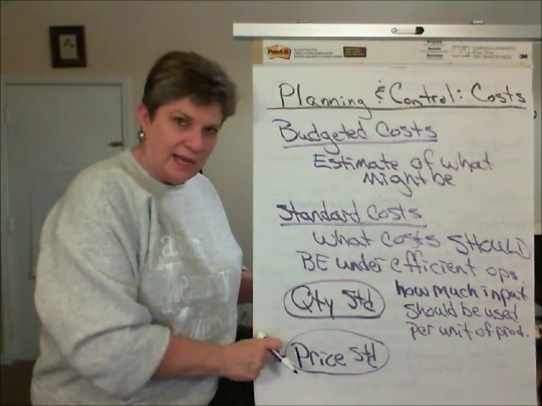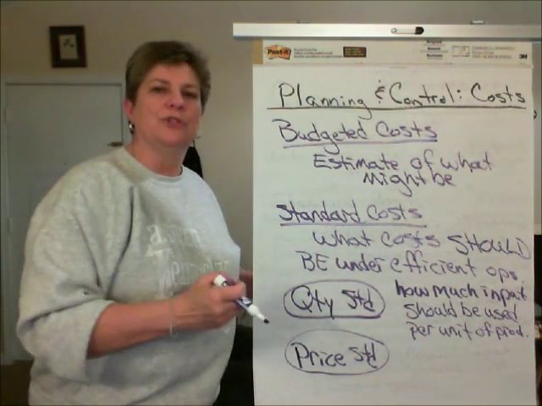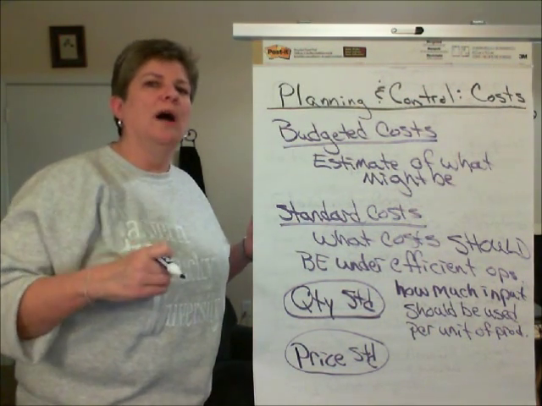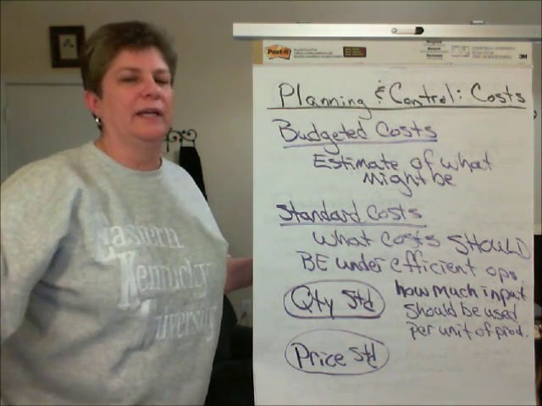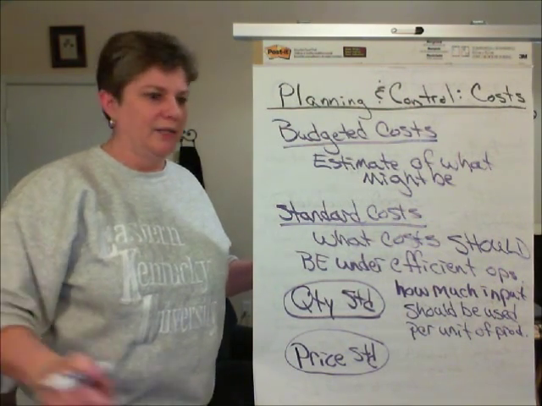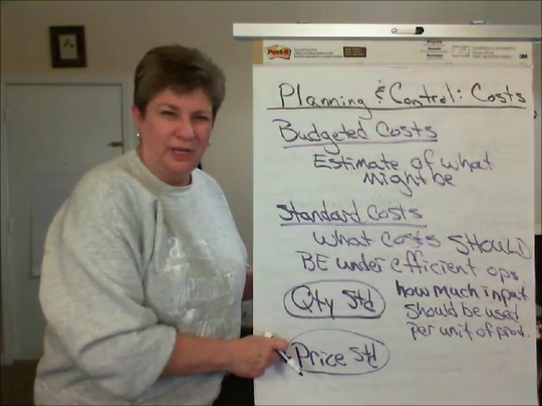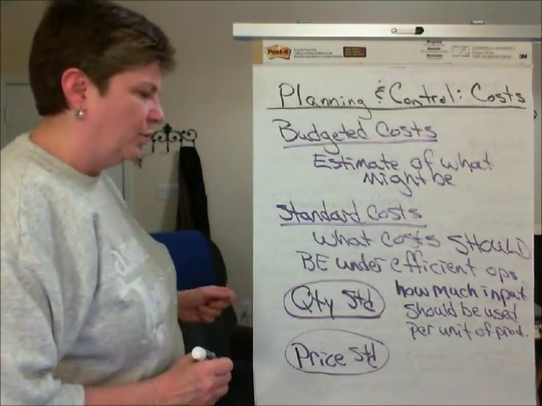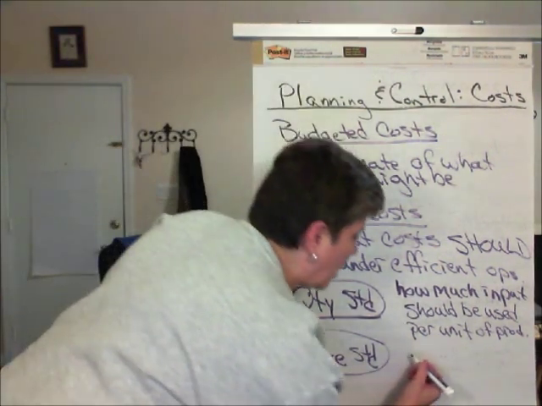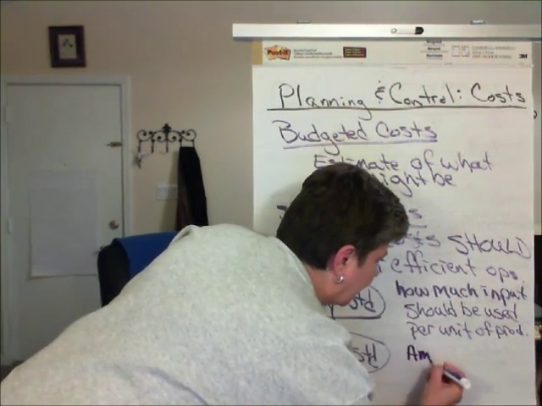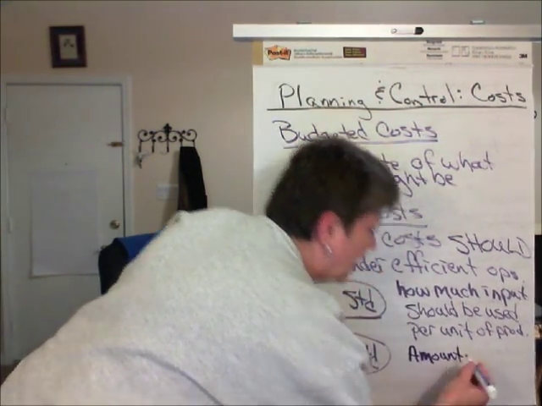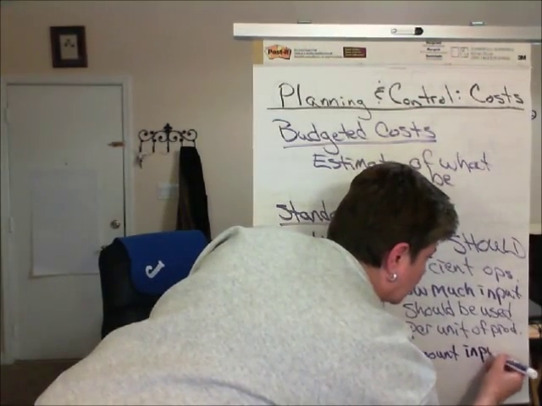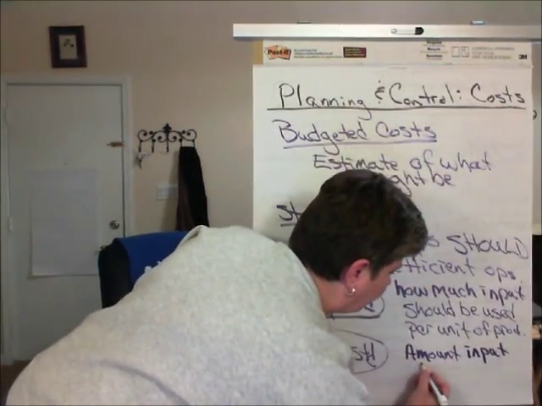But in this case, price refers to the price we have to pay to acquire the input that goes into the product. So it's our cost, if you will, but it's commonly referred to as the price standard. So it's the amount that the input should cost.